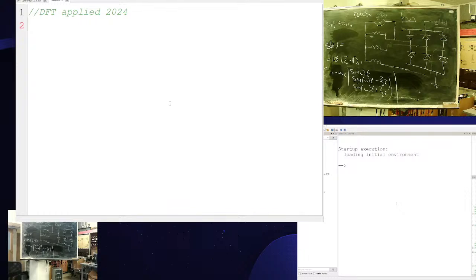Three-phase network. Where is my C phase? Oops. Here is my voltage.